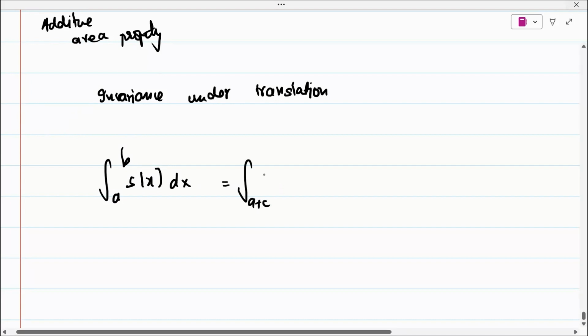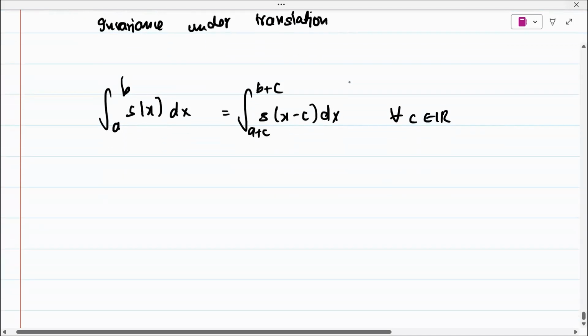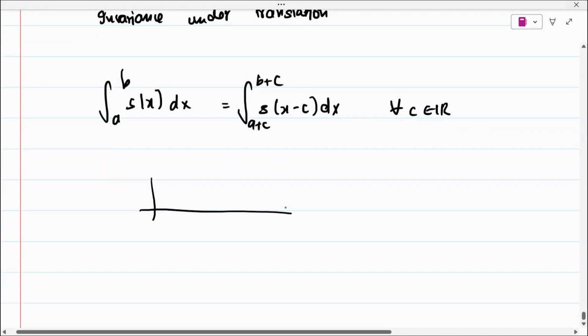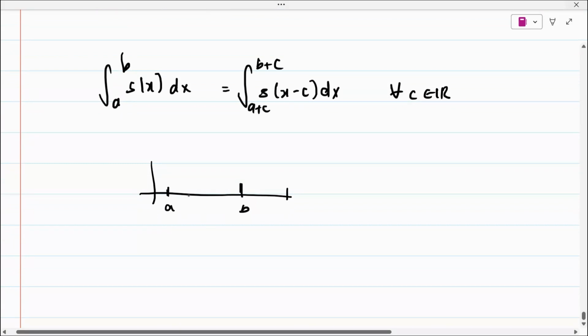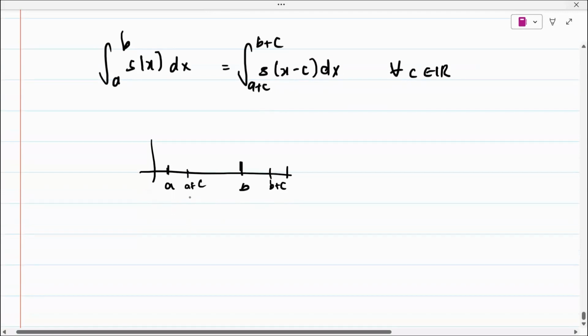This is also quite intuitive once you understand it. So basically, we have a function, right? So this is a, this is b. Then you have a new one, say a plus c and b plus c. So when you take these limits, so this is the integral of s of x dx, right?